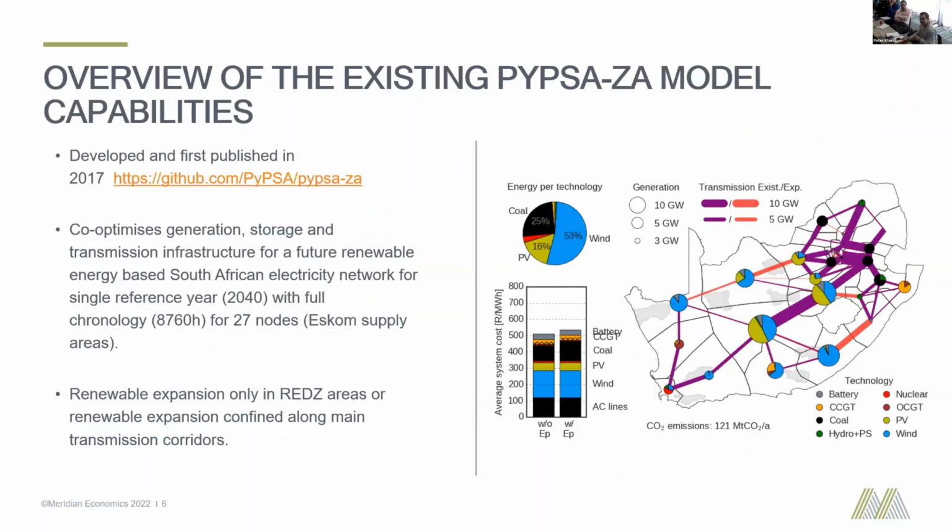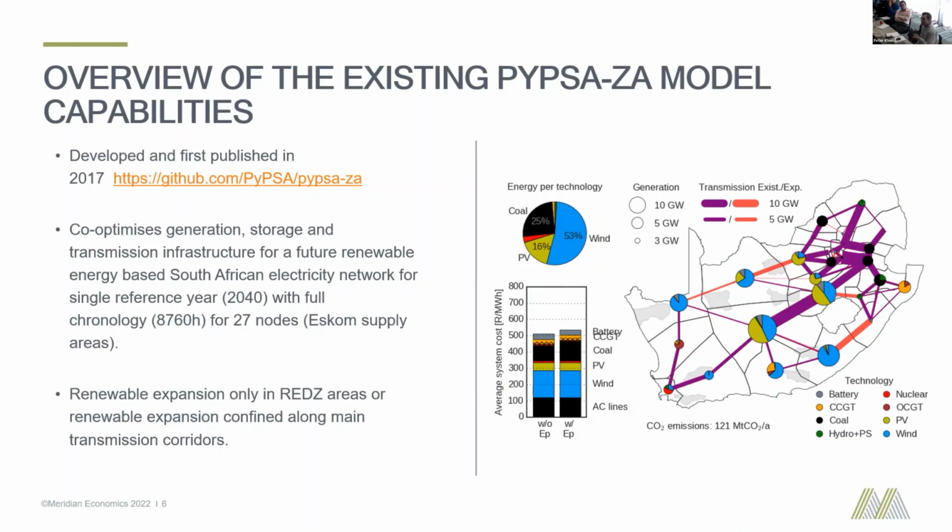So just to give you an overview of the PyPSA-ZA model as it stands. Very happy to have Joanne here. She was part of the original authors of this model for this paper. And really what it is, it's a single year model. So it runs full chronology for a single year, typically 2040.